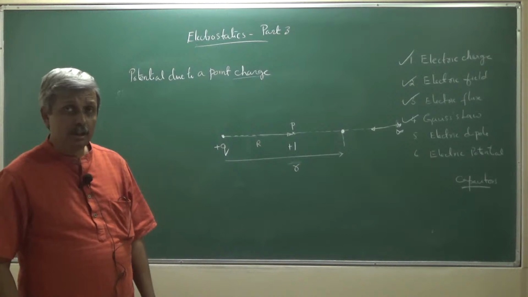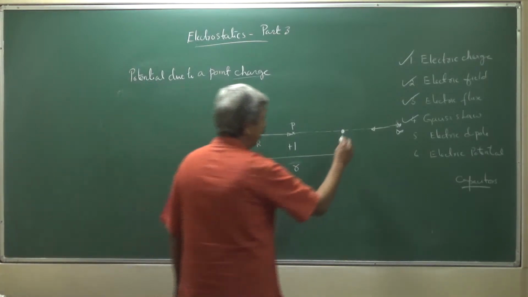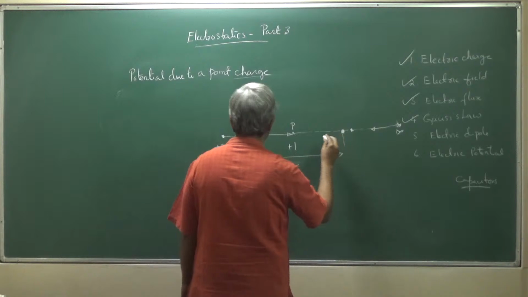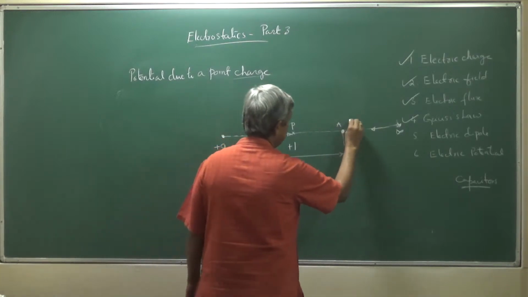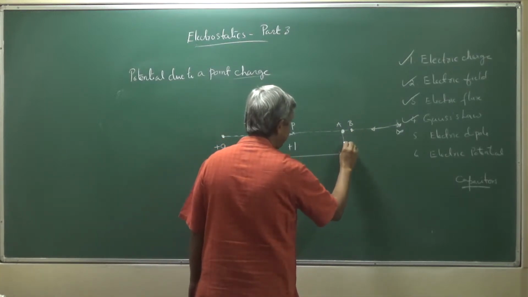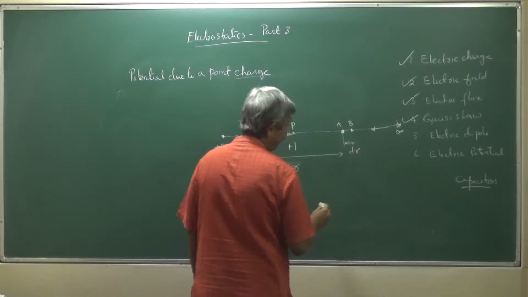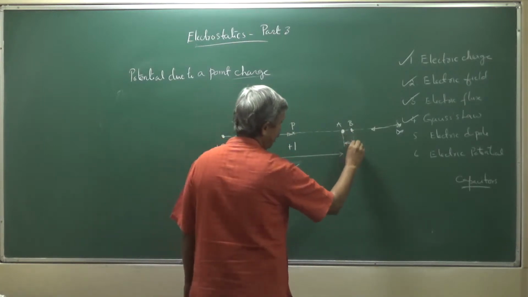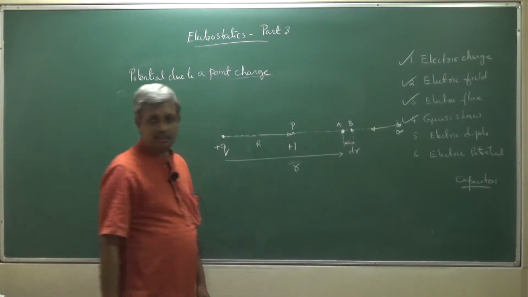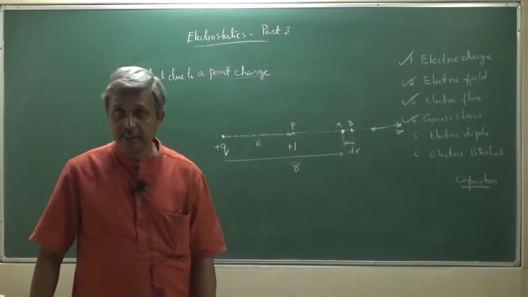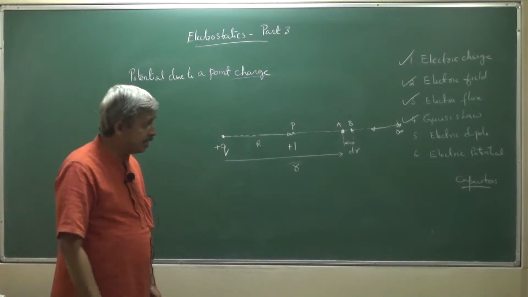Let's say this is another point. I'll call this point A and this point B. Between A and B, you have a small difference of length. I will call it dr.